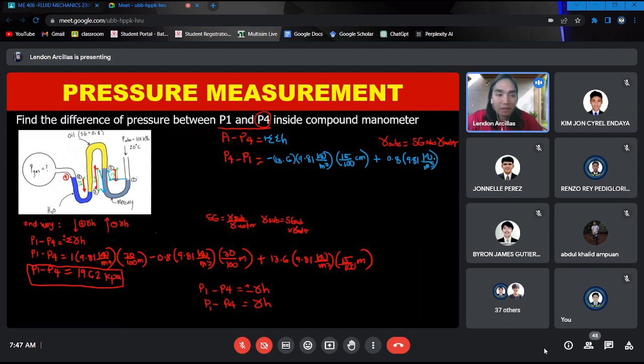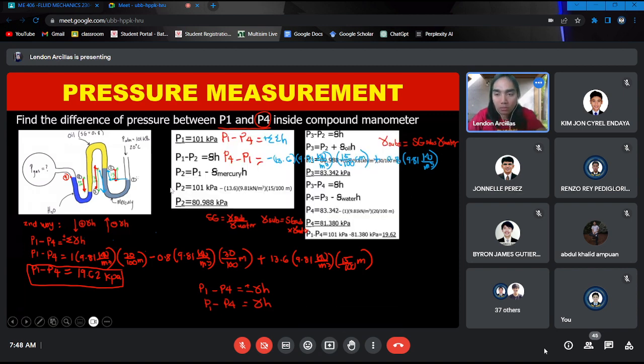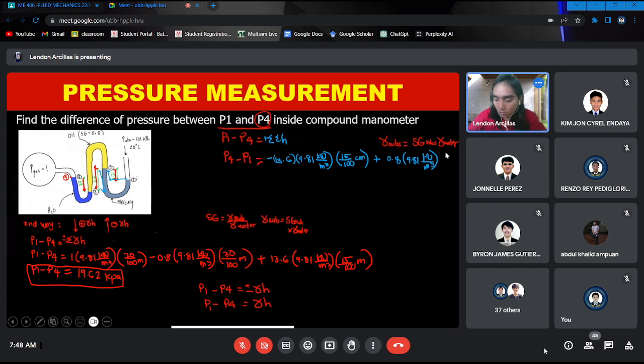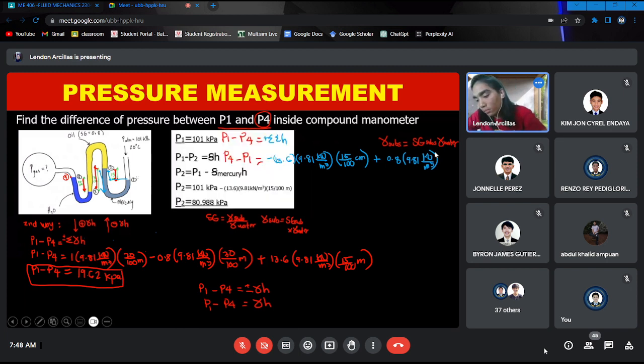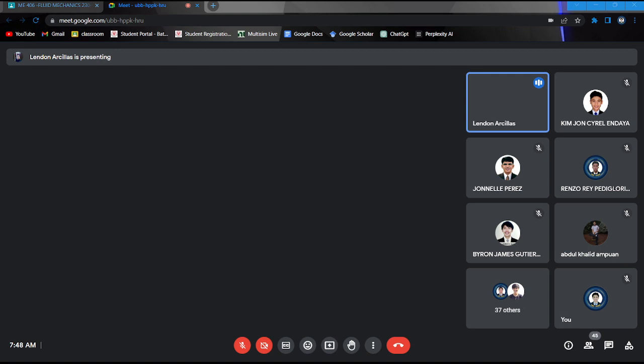Next, multiplied by the pressure difference from 2 to 3, yun ay 30 ata. Okay. So that is from pressure 2 to pressure 3, it is 30 centimeter. Convert ko lang to meter.